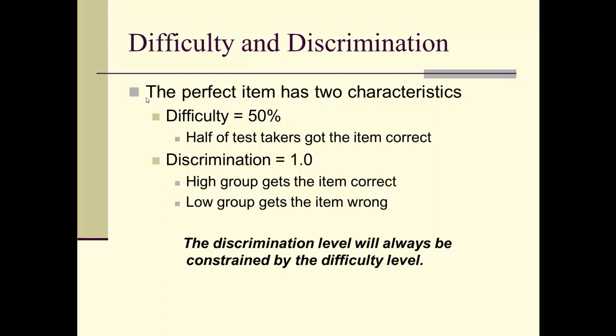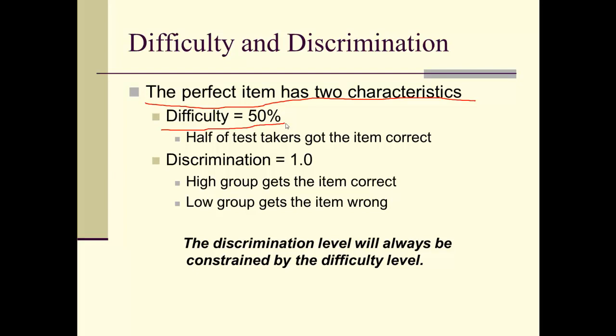Now, the perfect item has two characteristics. Obviously, there's probably no perfect question, no perfect test, but if there were, the difficulty would be 50%, that half of the people got the item right, half of them did.